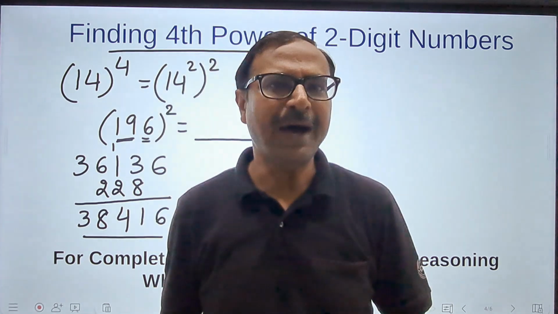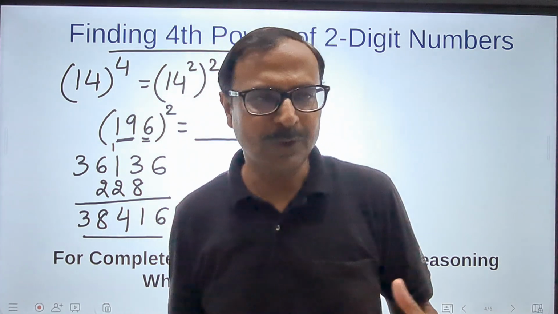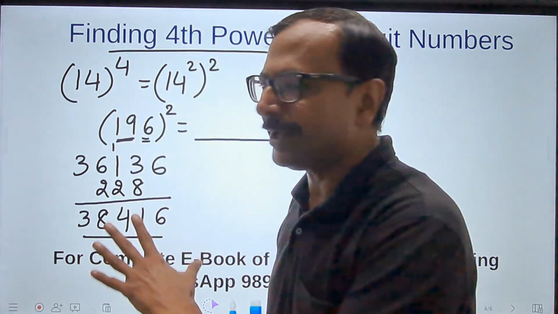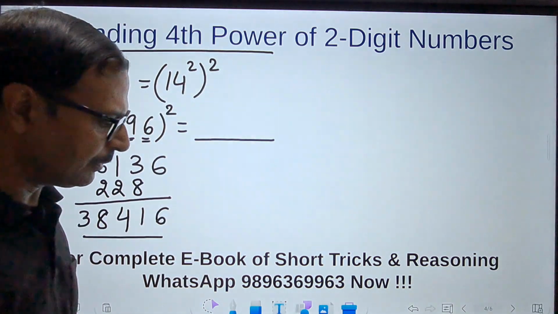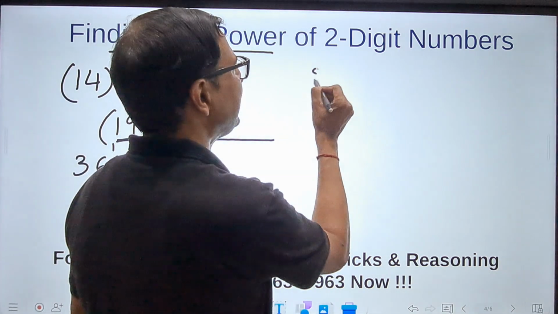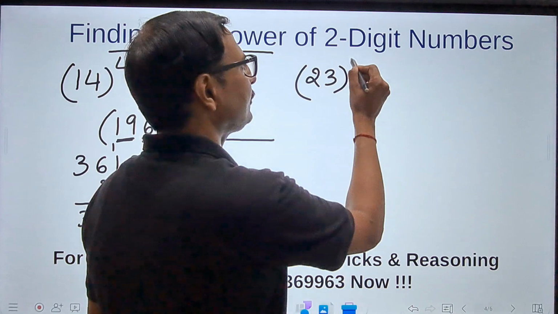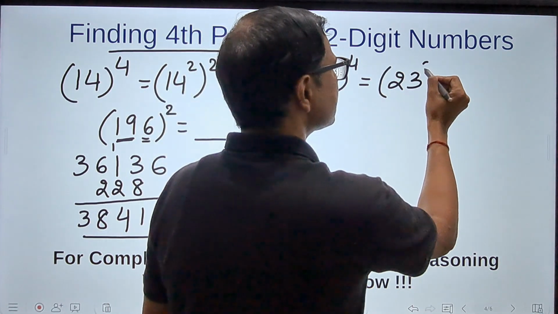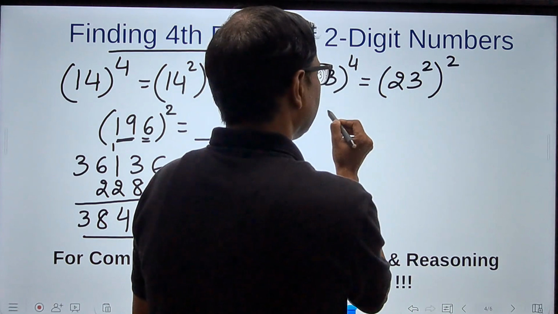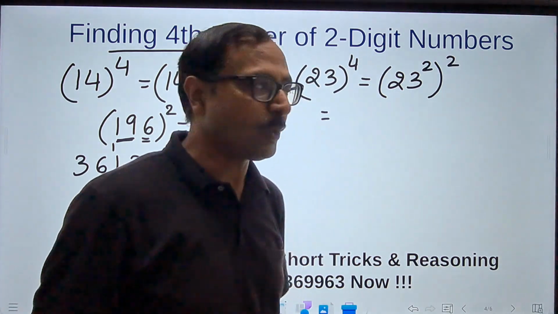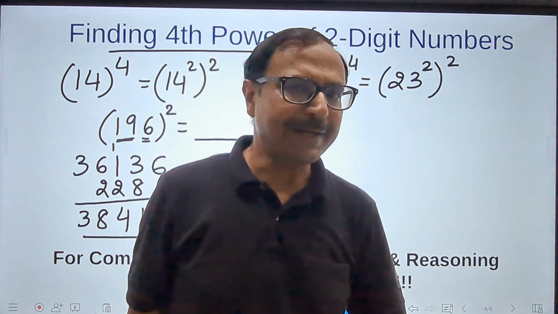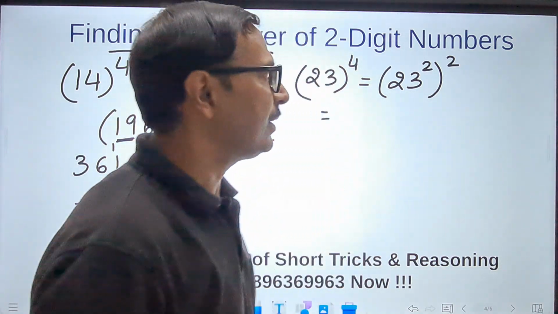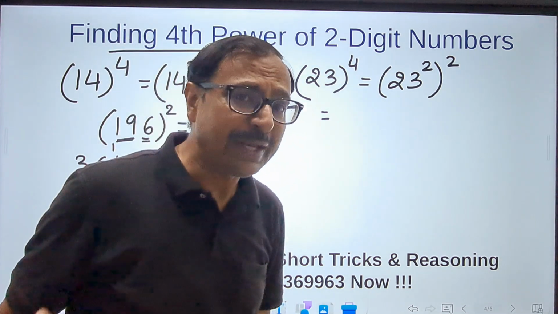But you are going to take higher examples, which contain numbers a little bit bigger than 14, right? So let's take a number in the 20s, maybe 23 raised to power 4. Now 23 raised to power 4 is basically 23 square and then square, right? Now suppose I don't know what 23 square is, although I know that it is 529, that can be done very quickly.